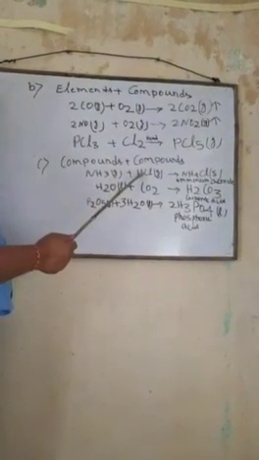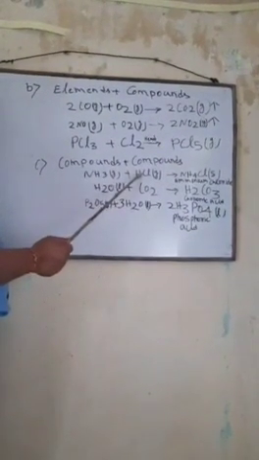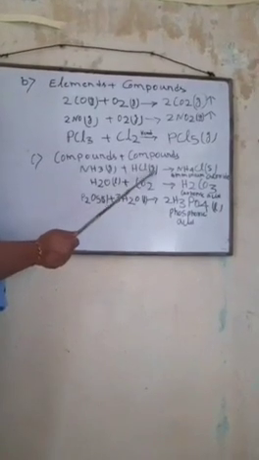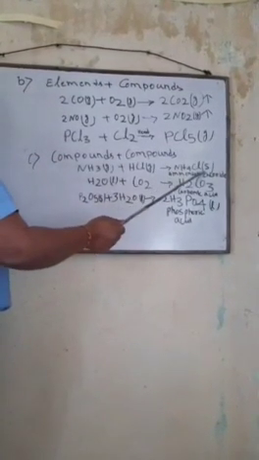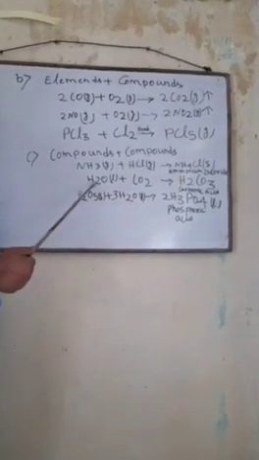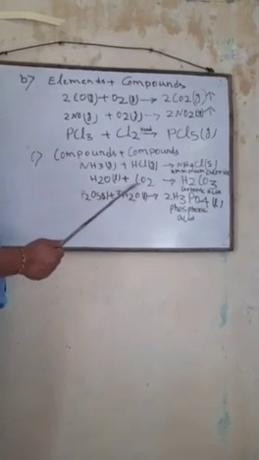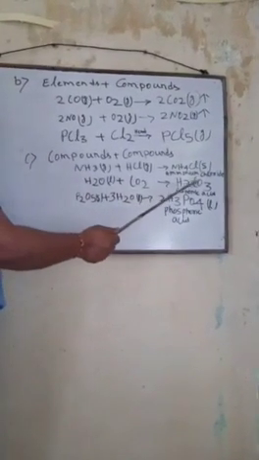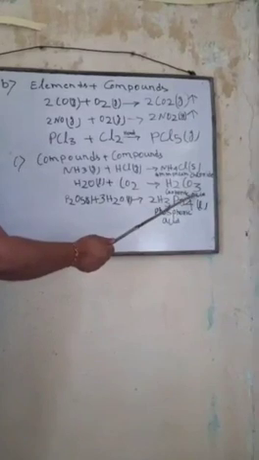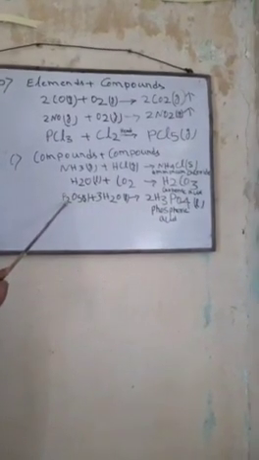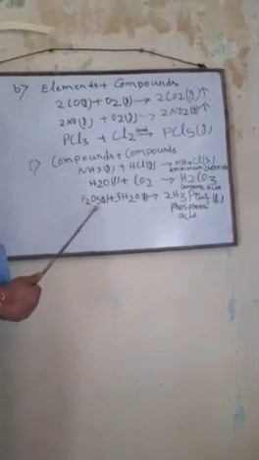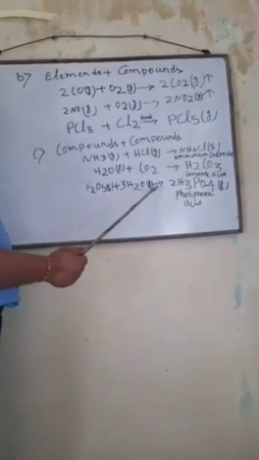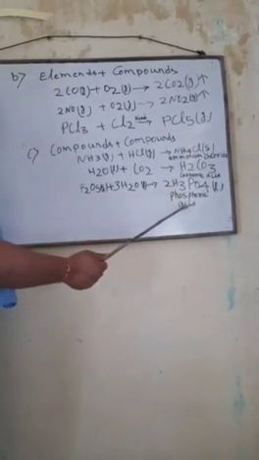Ammonia reacts with hydrogen chloride gas to form ammonium chloride solid. H2O reacts with CO2 to form H2CO3, carbonic acid. Phosphorus pentaoxide reacts with water to form phosphoric acid.